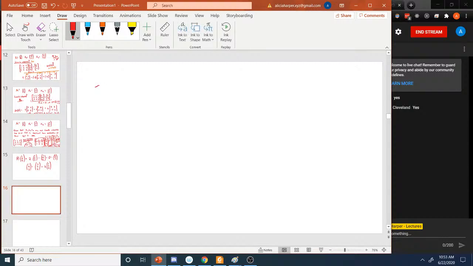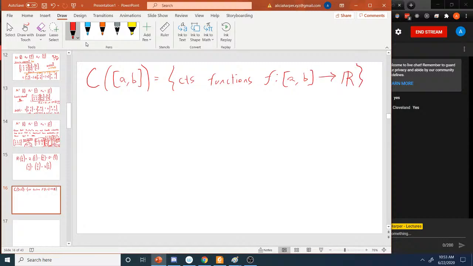Last class, I talked about C of A, B. And C of AB was, of course, the set of continuous functions f from the closed interval AB to the real numbers. And as I stated last time, this is a vector space. And it's a very, very easy proof. You can go back and watch the last lecture for part of it.